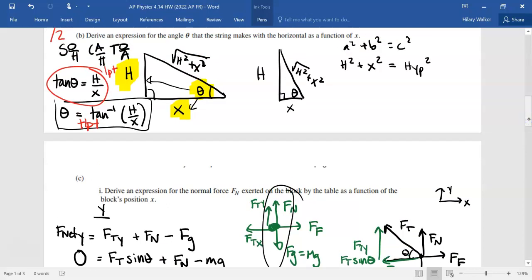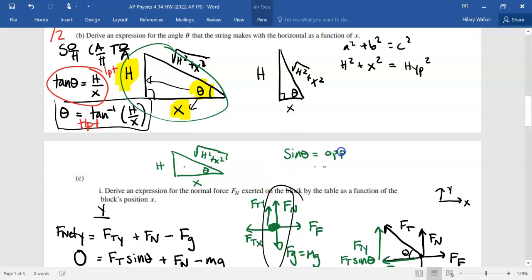Let's go ahead and go back to this triangle from the previous page. So this one right here that I went ahead and circled. So we know on this triangle, again, that's theta, that's x, that's h. This is the square root of h squared plus x squared. So we want to figure out what sine of theta is. Again, sine of theta is going to be opposite over hypotenuse. So let's go ahead and look at this triangle and see what opposite and hypotenuse is.